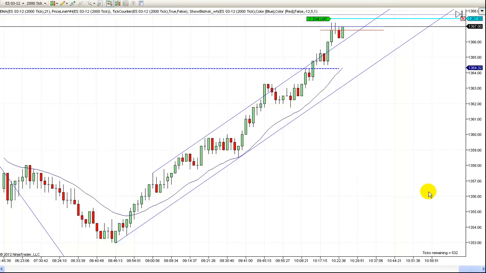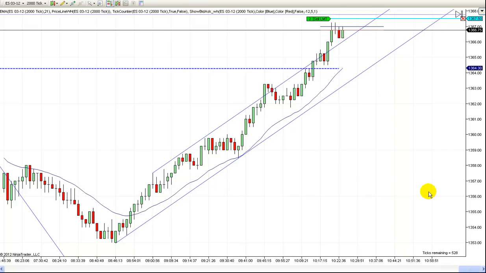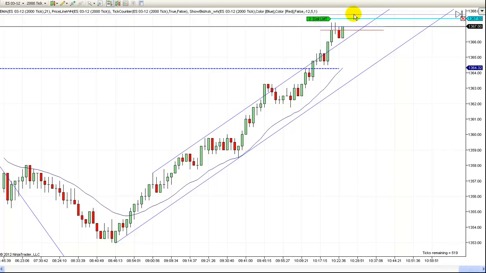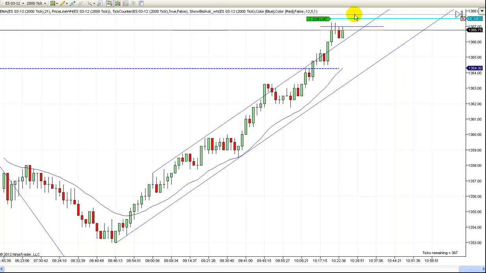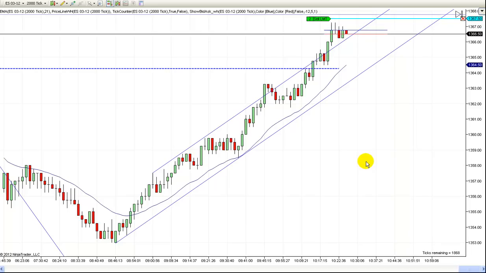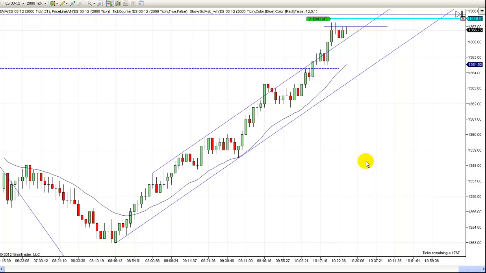And here we go. Prices are headed towards our target, which is right here at 1367.75, it looks like. Maybe we'll get filled here.